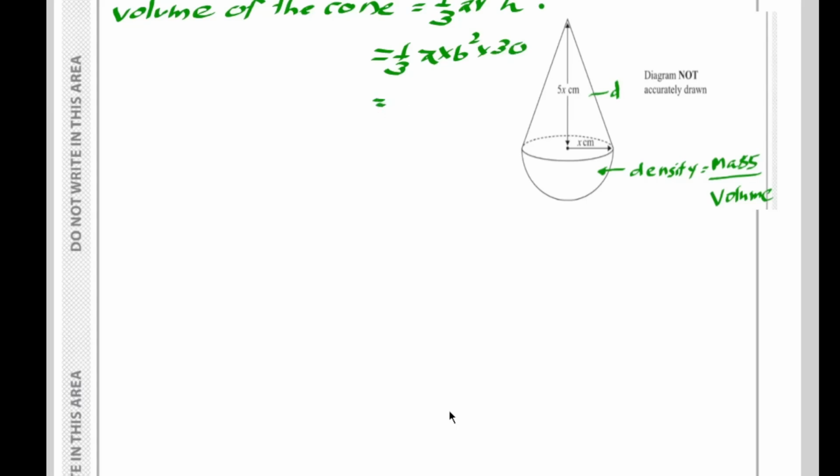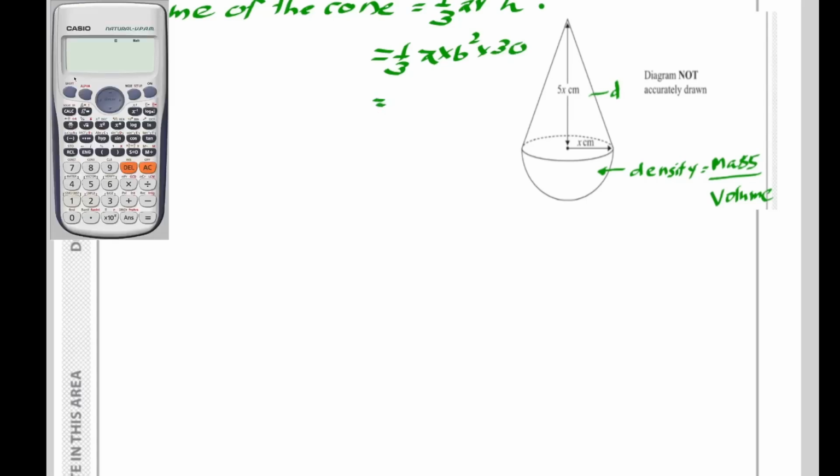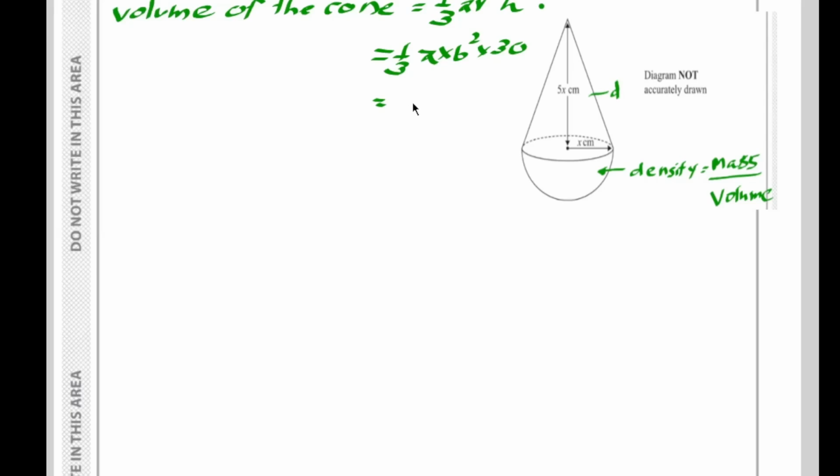Then let's get the value. 1/3 into pi into 6 squared into 30 equals 360 pi. So we have the volume of the cone, 360 pi.